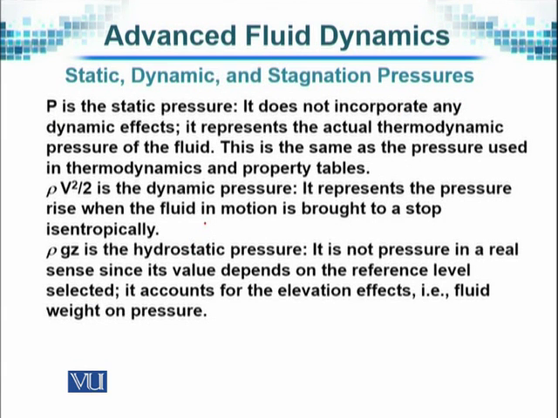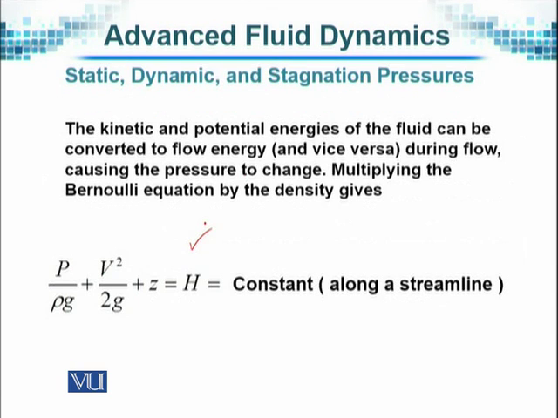So P is known to be the static pressure and it does not incorporate any dynamic effects. Rho V square is the dynamic pressure, because velocity occurs in it. Remember, this came about because we are multiplying the Bernoulli equation by rho.